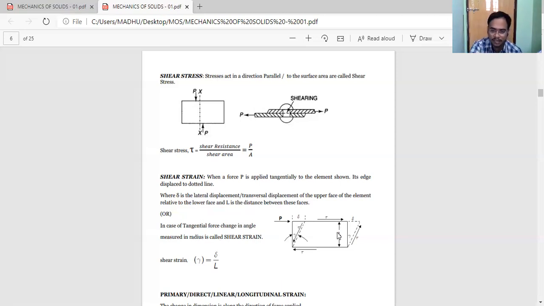So this is L, and when it is moving to the right side, it will experience a change. There is a change in this length. So that change here, they consider as this del. So del by L will give us shear strain.